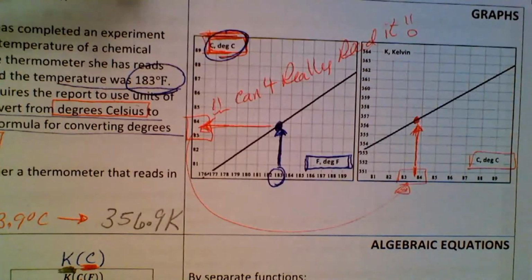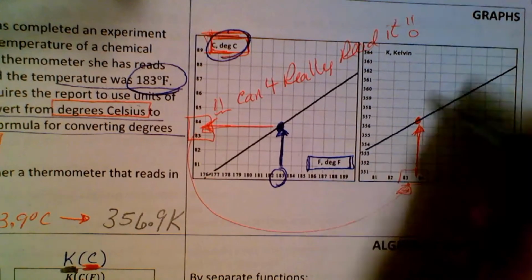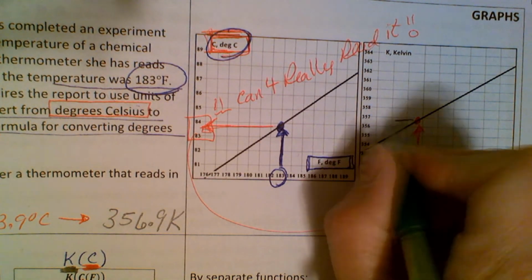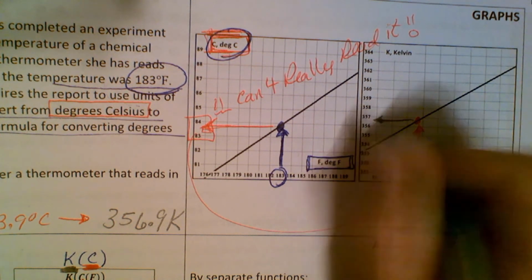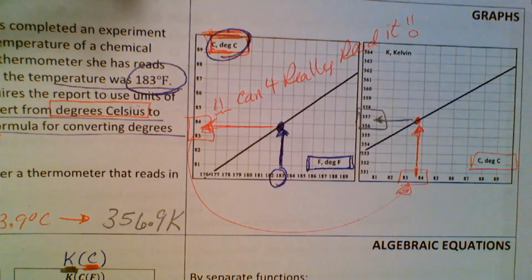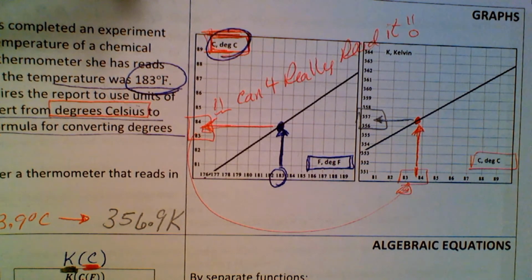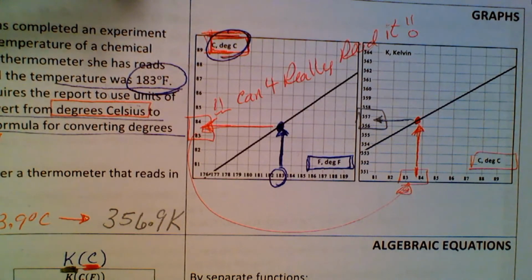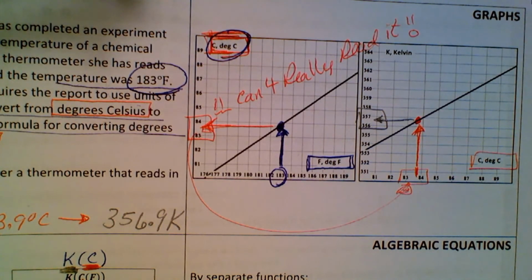And then that point on the graph translates to our new value over here. Which again, it's somewhere between 356 and 357. And I'm going to guess it's 356.9-ish. I know that number because I had the table. All right. This is why we do things algebraically a lot.